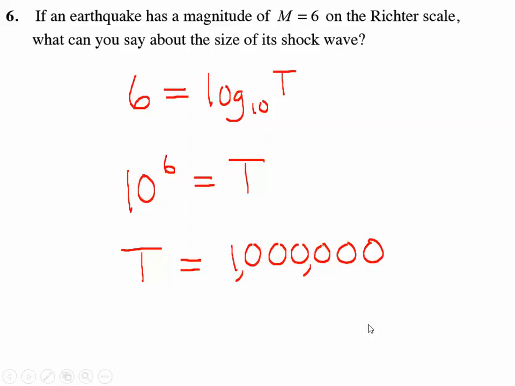Cool. So that's a million, right? So that means a Richter scale of 6 means there is a million times more movement than the smallest amount we can measure. Cool. So the Kalinga earthquake, 6.2. It was a little bit bigger than that.